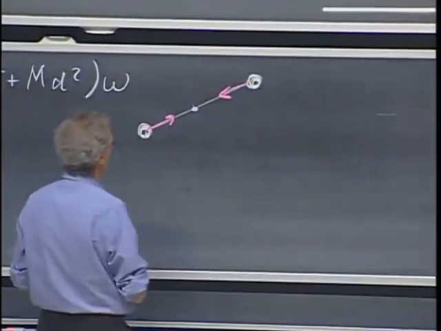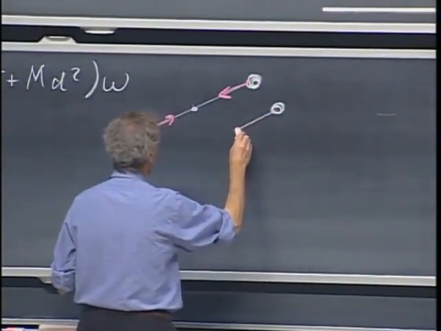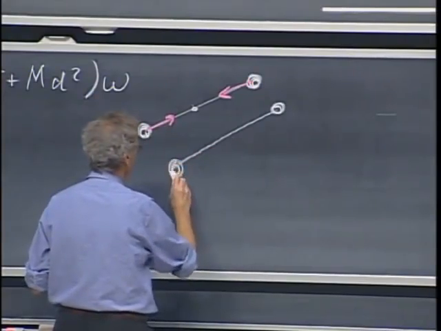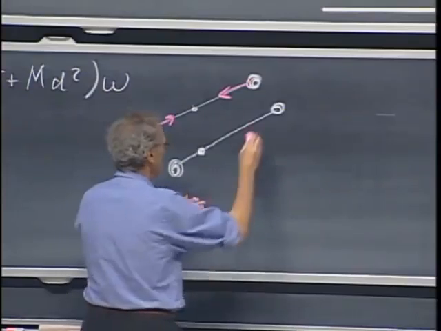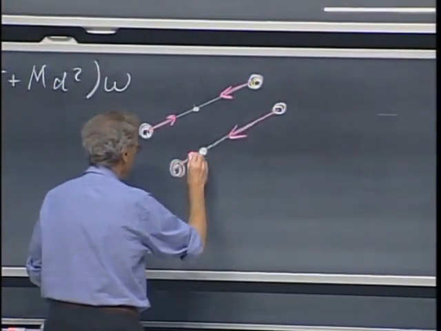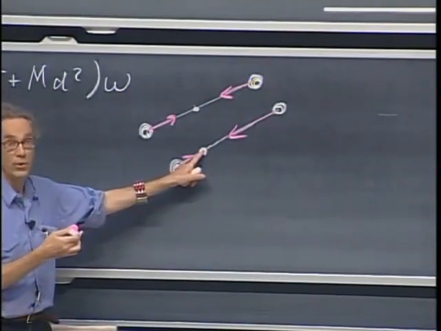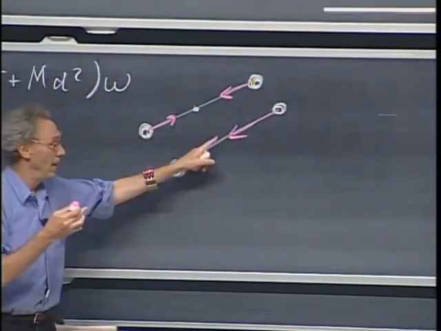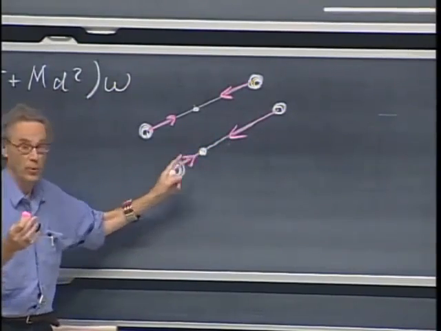However, if I had the situation such that this is my massless rod, and here are the two equal masses, but now I rotate them about this point, then this centripetal force is larger than this one, so now I have asymmetry, and so now there will be a force on this pin. The ruler will push on the pin, and action equals minus reaction, the pin will push on the ruler.